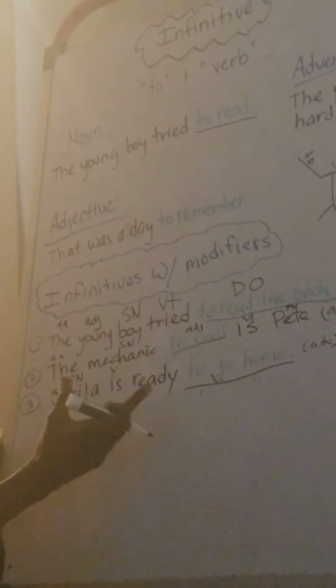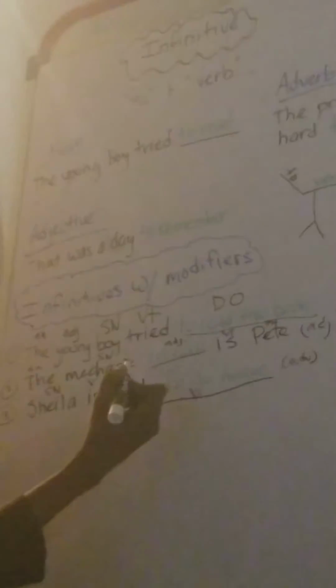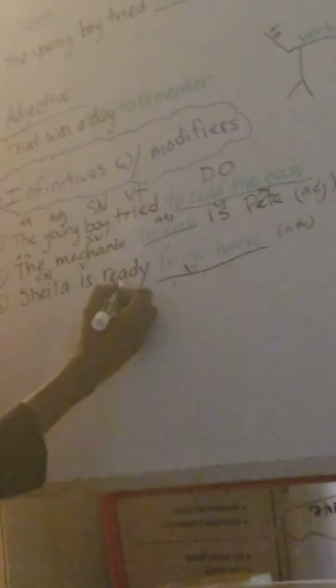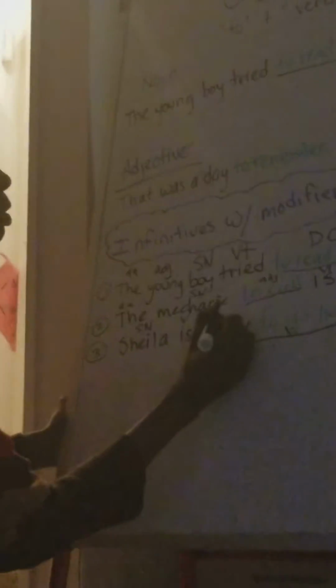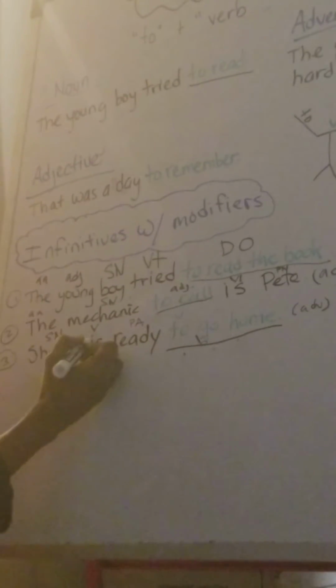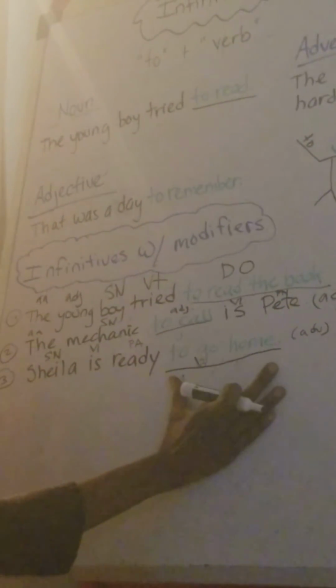Sheila is what? Ready. Ready would be our adjective. Can ready replace or describe Sheila? Yes, it can. So this would be a predicate adjective, and this verb would be linking.